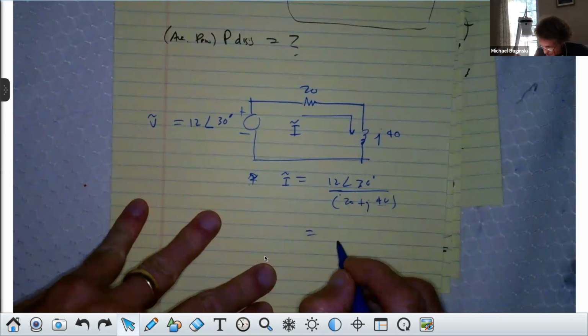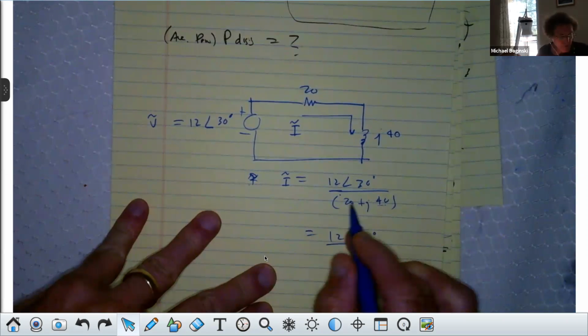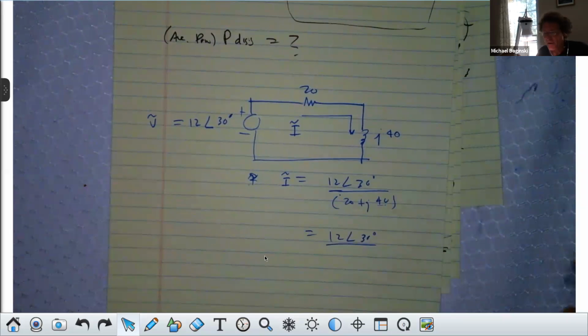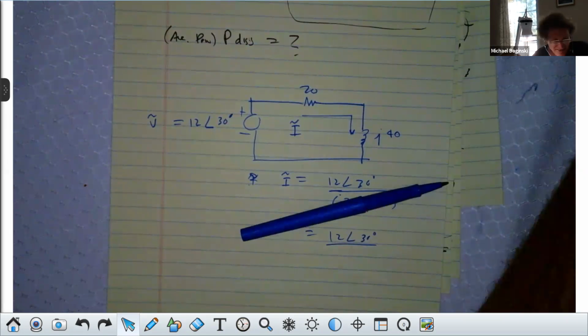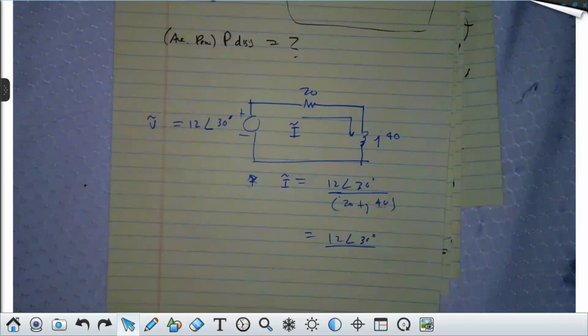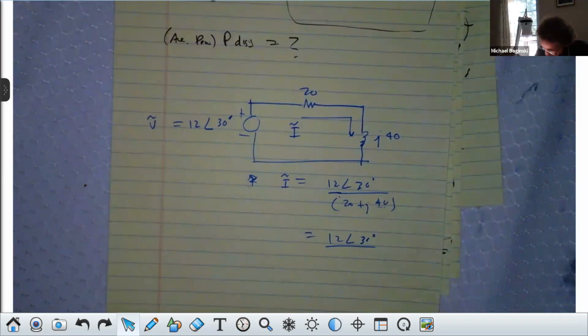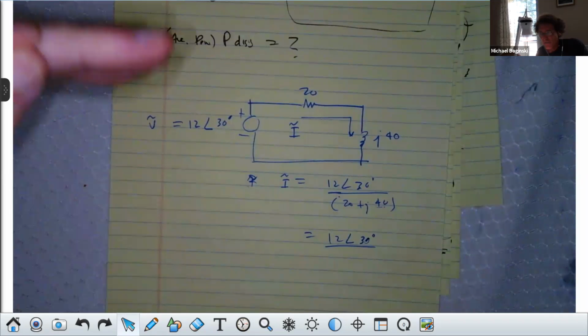So I have 12 at 30 degrees, and then I have this. Anybody have a calculator out there? While you're working, I hope you have your calculators. I usually in class just call out for people to do this.